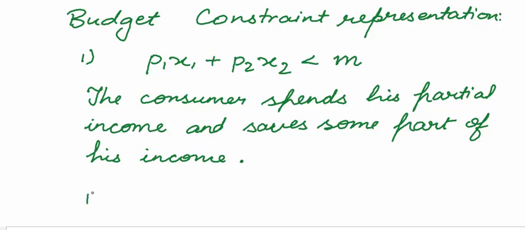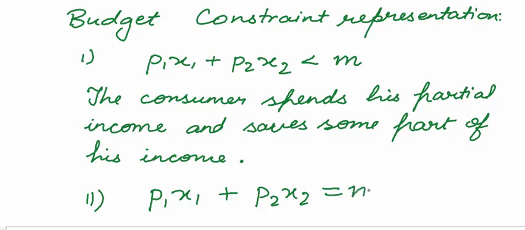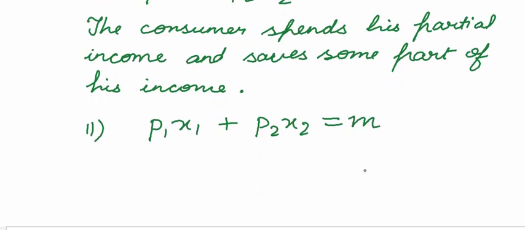In the second case, which can be represented as P1x1 plus P2x2 equal to M. This is the case of the points or the consumption bundle lying on the budget line.